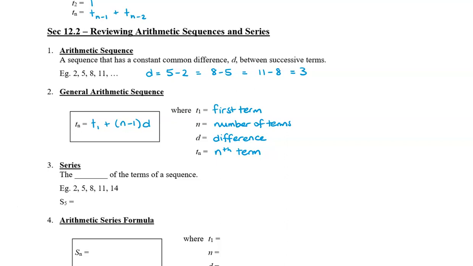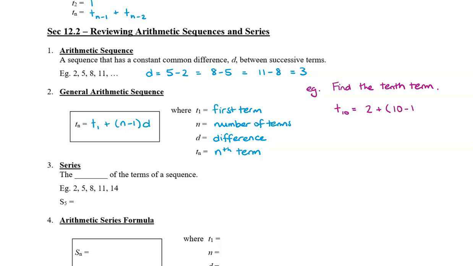All right, we're going to do an example, which I'll write on the side here. So let's say in the sequence of 2, 5, 8, and 11, I'm going to ask you to find the 10th term. So we are going to go T10. The formula says we need the first term, so the first term is 2, plus n minus 1, because I want you to find the 10th term, that means there are 10 terms.